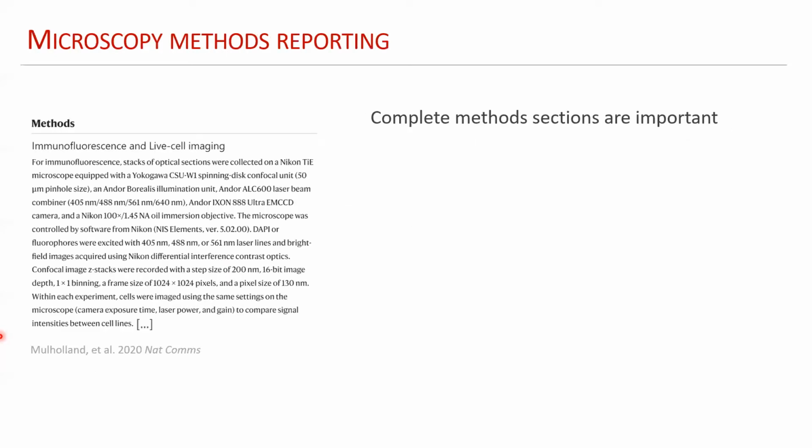Complete method sections, including information about sample preparation, microscope hardware, and acquisition settings, are important. First, it helps evaluate the work and the conclusions drawn from imaging experiments. Secondly, it enables reproducibility, allowing others in your lab or elsewhere to replicate and build upon those findings.